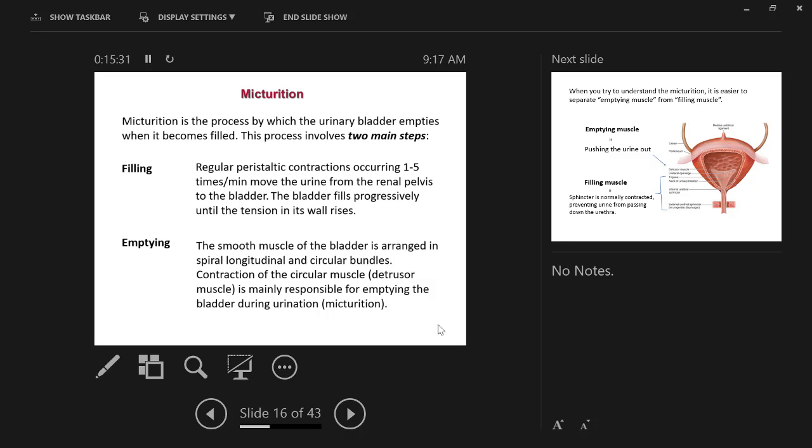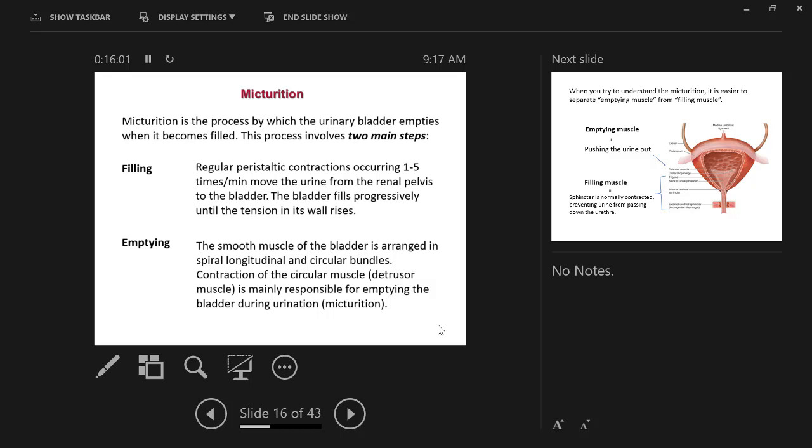That's filling. And emptying, or voiding, as they sometimes say: smooth muscle cells are arranged in longitudinal and circular bundles, the smooth muscle cells of the bladder meaning the detrusor muscle. Contraction of those muscles is mainly responsible for emptying the bladder during urination. That's the definition of micturition.